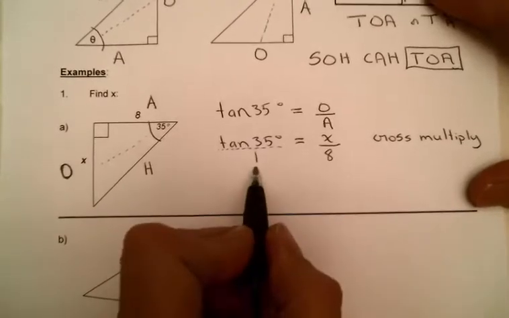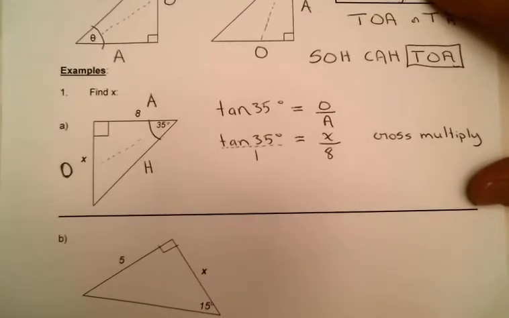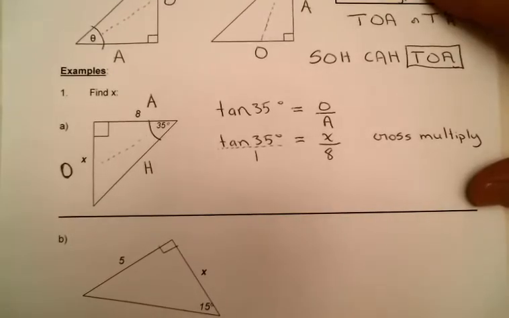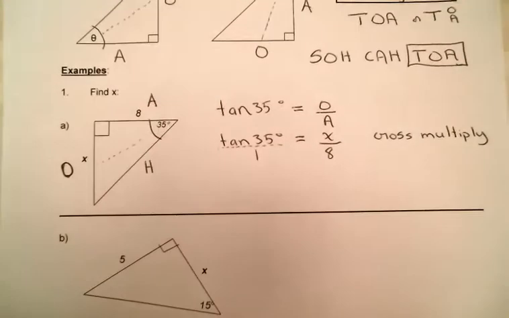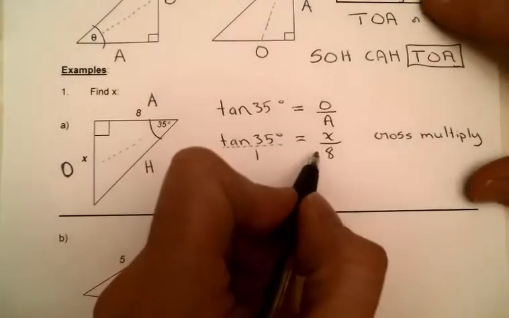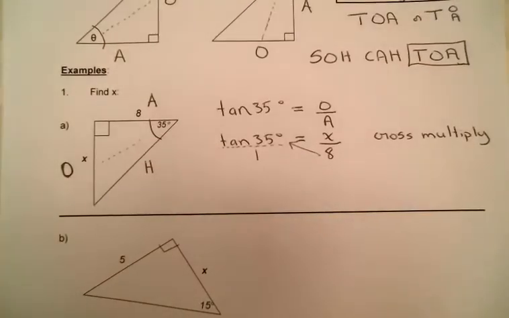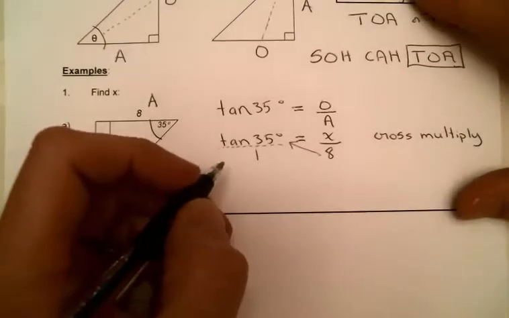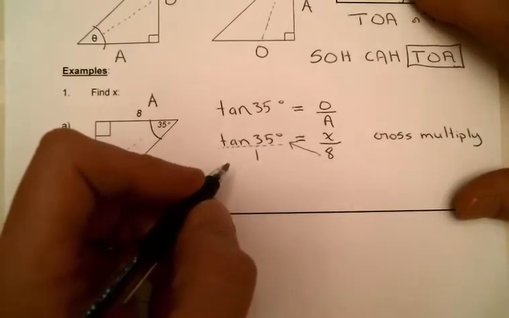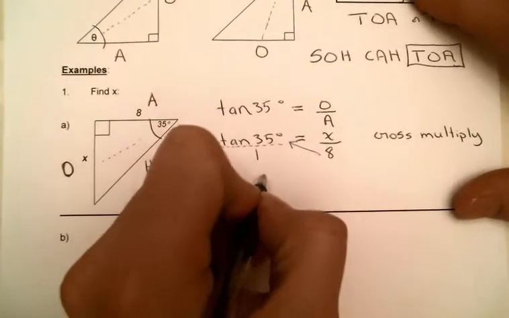But 1 times x is just x, so we really don't need to do that here. What we'll instead do is take 8 and multiply it by the tan of 35. That's all you really need to do.